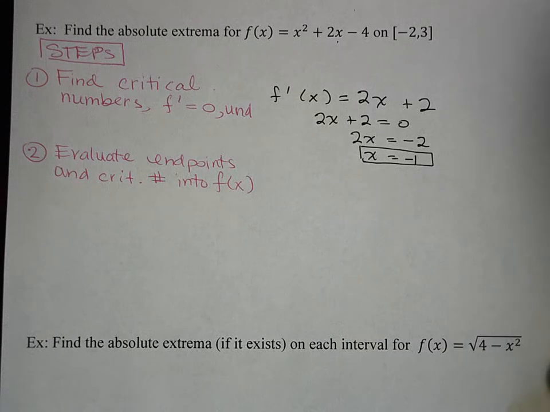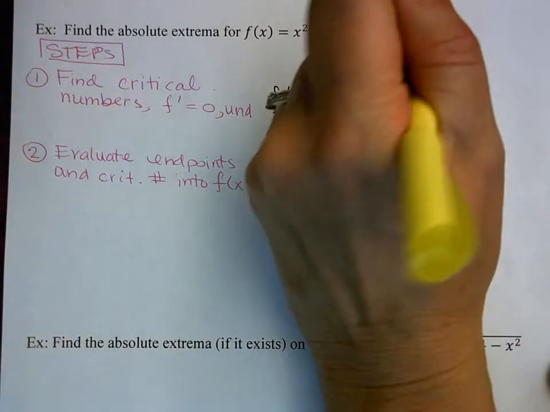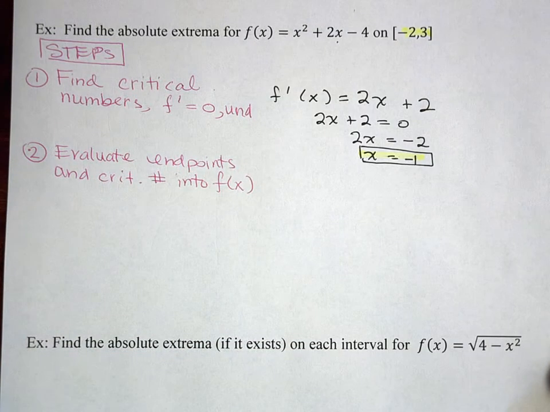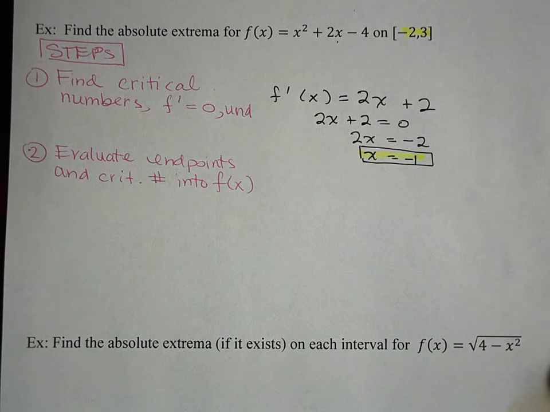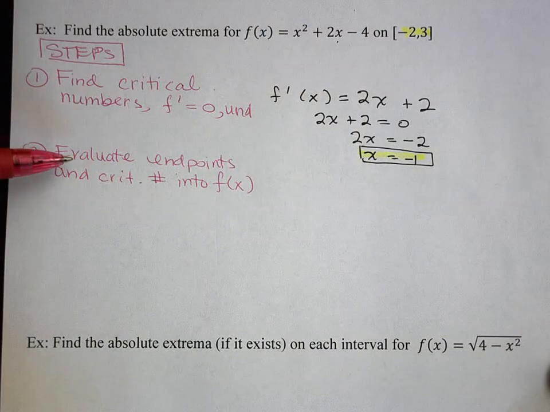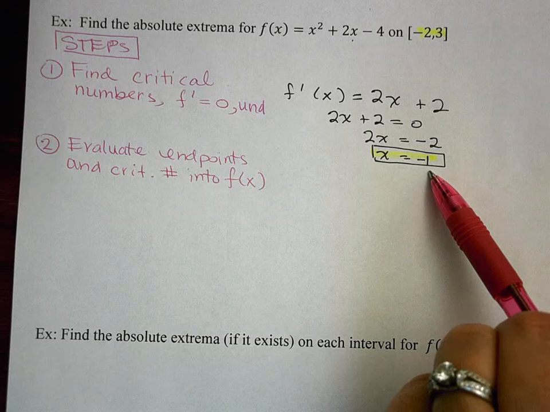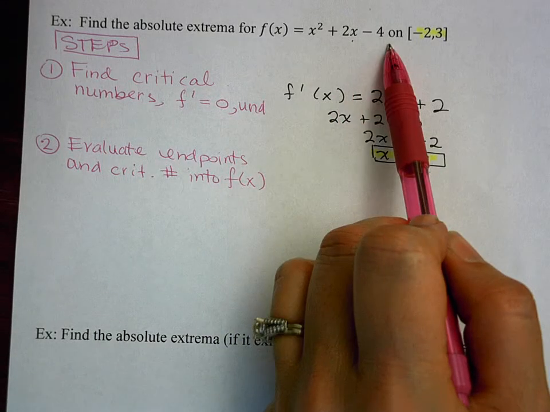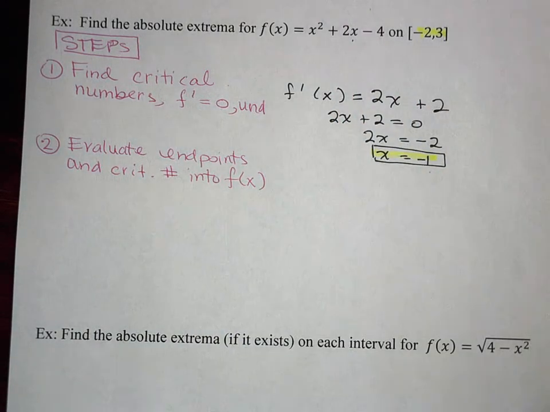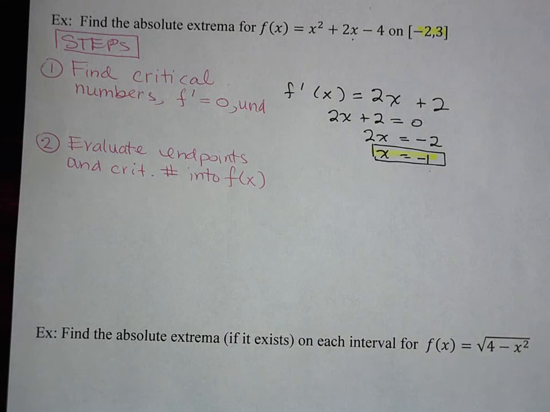So I have my critical number here, and my endpoints here. I have to look at my endpoints, and I have to look at my critical number. So what am I doing? Step 2, I need to take the x values, -2, 3, and -1, and substitute them into f of x. Why am I doing that? I'm looking for the highest y value and the lowest y value, because our absolute extrema are the highest value and lowest value on my interval.